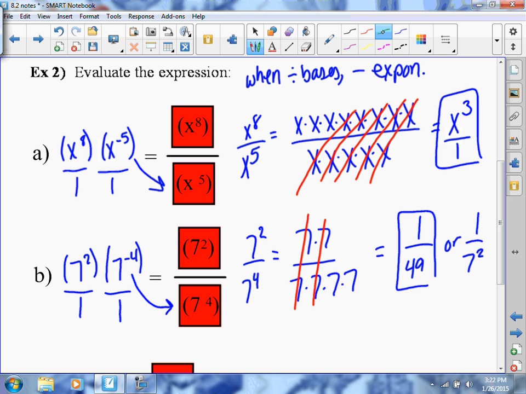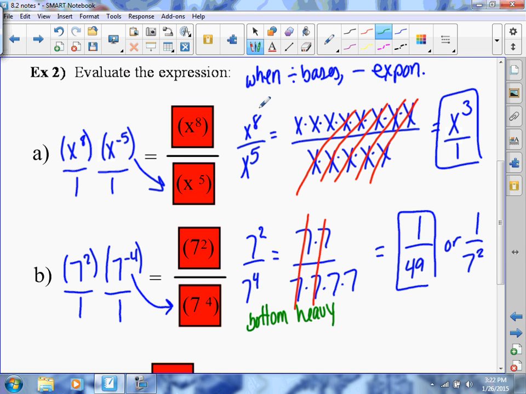And I like to refer to this type of problem, where you have a bigger degree or a bigger exponent in the bottom, as bottom heavy. So basically you can just subtract 4 minus 2 and you know that you have 2 left over. And since it's in the bottom where more of them were, you know those 2 leftover ones are going to stay in the bottom of your fraction.